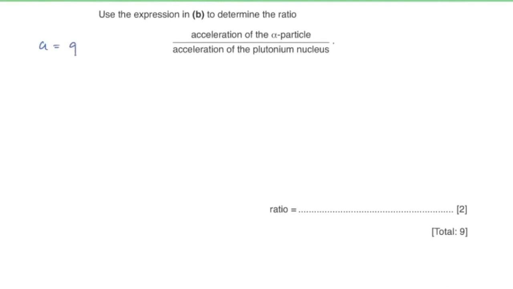Acceleration of the alpha particle is equal to charge of alpha particle, which has 2 protons, so 2 into 1.6 into 10 to the power of negative 19, and the mass has 2 neutrons and 2 protons, so 4 into 1.66 into 10 to the power of negative 27. This is the acceleration for the alpha particle.